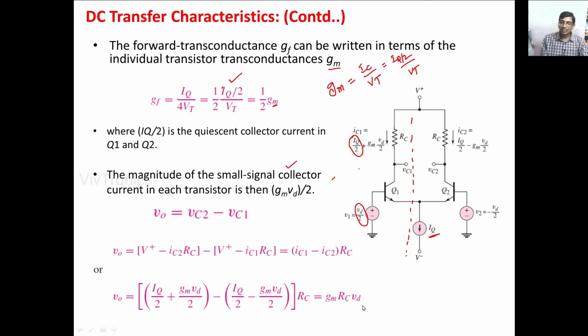So that is the output voltage of the differential mode of operation, where the input signals are different. Here GM RC into VD, where VD is the differential input voltage and GM RC is the gain of the differential amplifier circuit in this case.